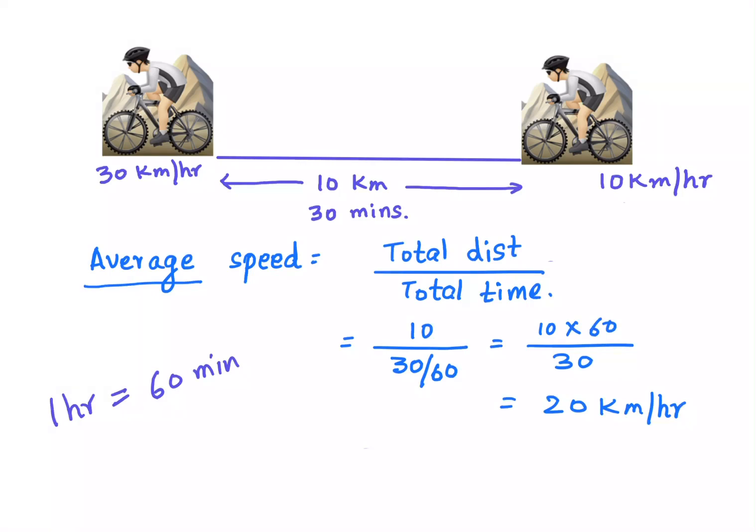Next situation. You started your cycling at 10 kilometers per hour, right? Now, when you started, I started the stop clock. At the time 5 minutes, let us suppose your speed is 12 kilometers per hour. At the time of 15 minutes, that means my stop clock is showing 15 minutes, let us suppose your speed is 20 kilometers per hour.